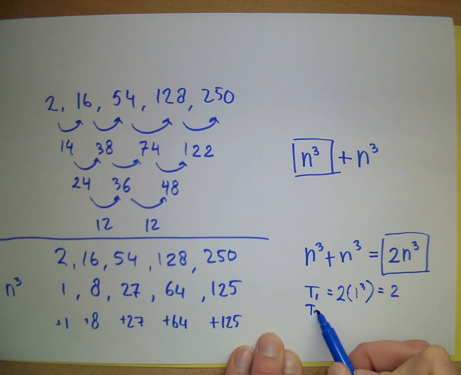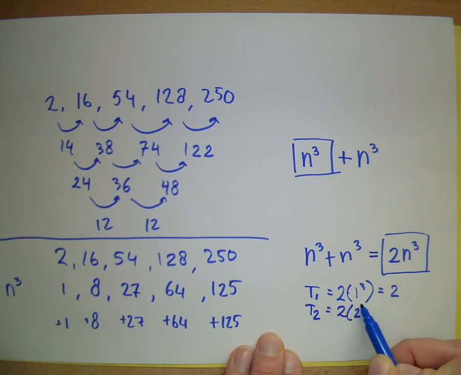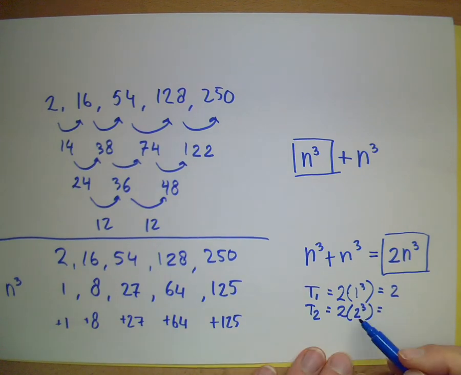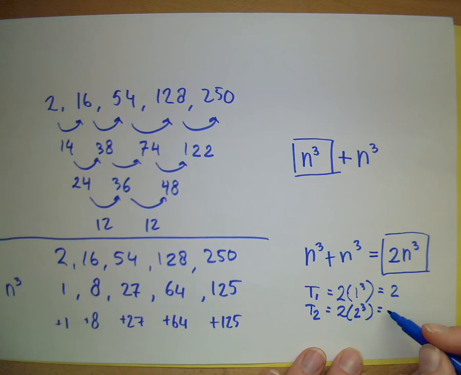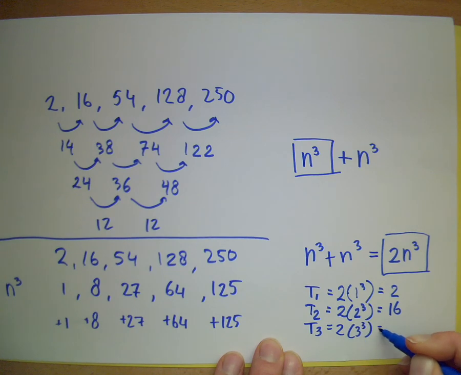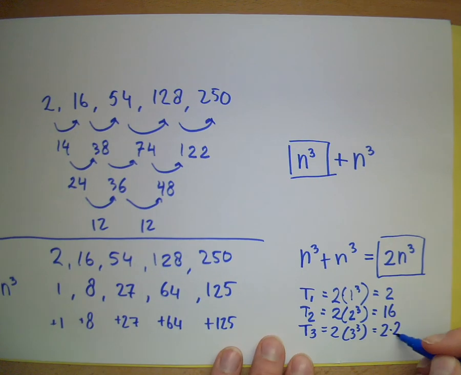So far, so good. Second term should be 2 times 2 cubed, equals 2 times 8, which is 16. The third term should be 2 times 3 cubed, which is 2 times, what's 3 cubed? 3 times 3 times 3 is 27.